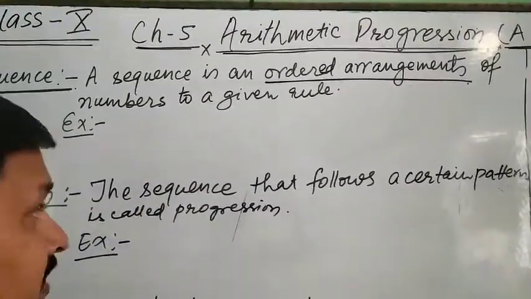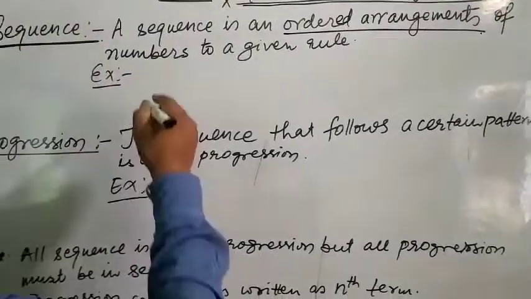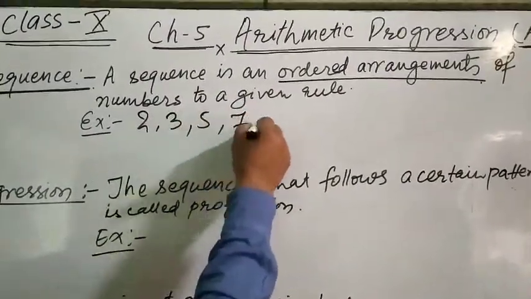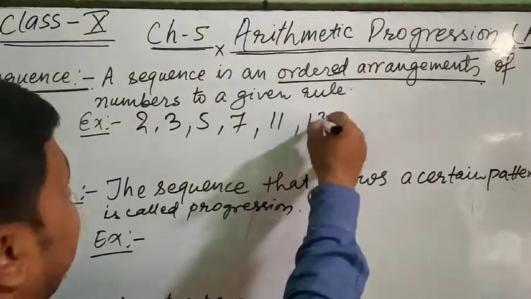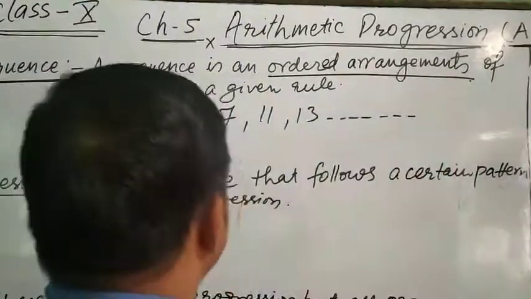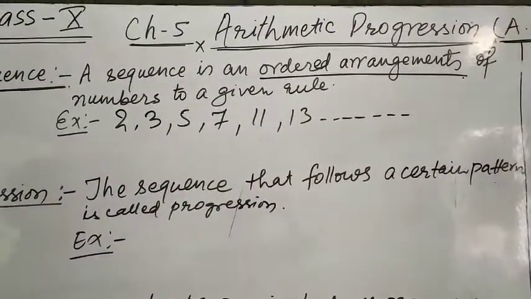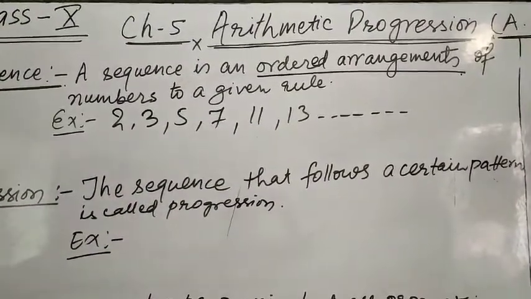For example, if you take 2, 3, 5, 7, 11, 13, this is a sequence because it has no pattern. It is just prime numbers. So, if you are asked to find the 17th prime number, you should write all the numbers up to the 17th prime number.